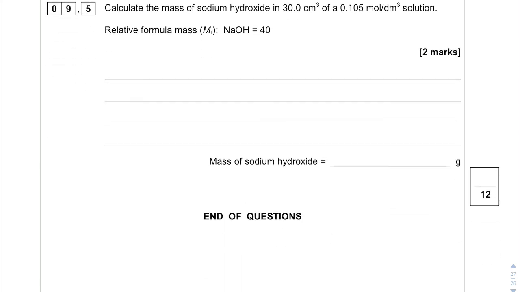And the last question, 9.5, calculate the mass of sodium hydroxide in 30 cm cubed of that solution.